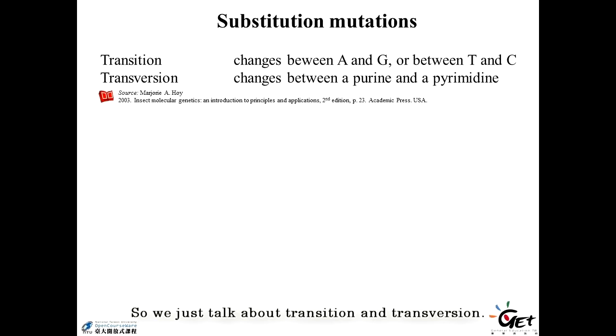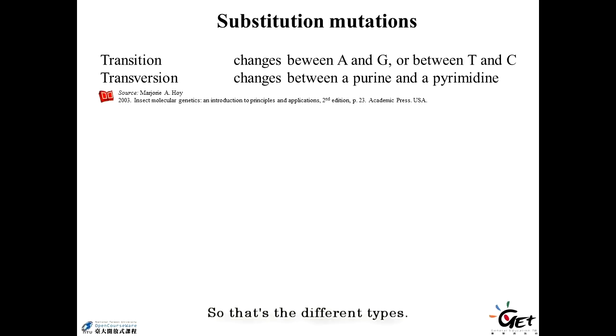So we just talked about transition and transversion. You probably also learned this in an earlier class, but we want to remind you: transition is between A and G or between T and C. Then the transversion is between purine and pyrimidine.